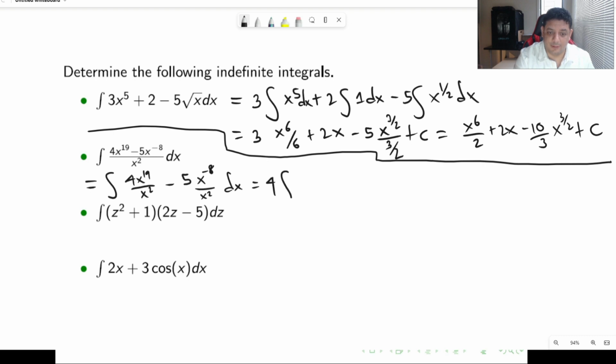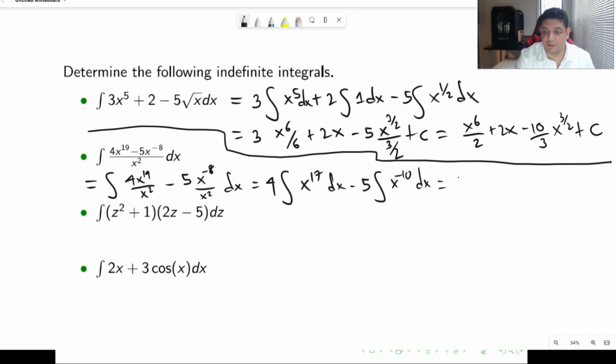So that can be rewritten as 4x to the 17 here. Remember, this is how powers work. If you have this power over this power, just subtract the exponents. Now this is minus 5 times, and now if you're subtracting here, we're going to get x to the minus 10 dx.